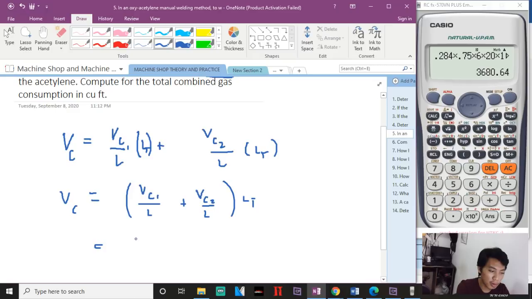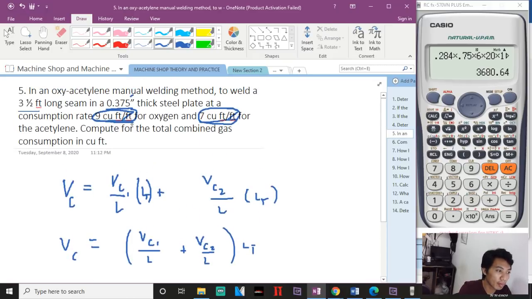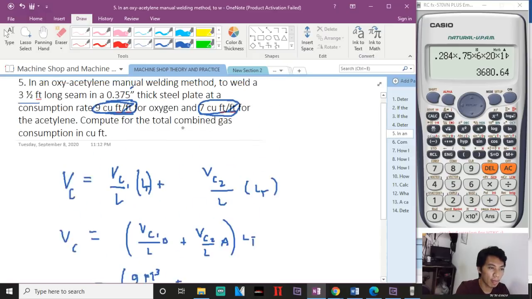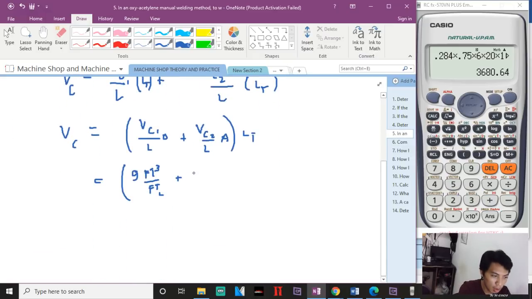So, yung volume consumption ni 1 for, ano yun? Oxygen tapos acetylene. Yung kay O, acetylene to. That is 9 cubic feet per feet length. Okay ha? Plus, ano yung isa? 7 cubic feet per feet length.